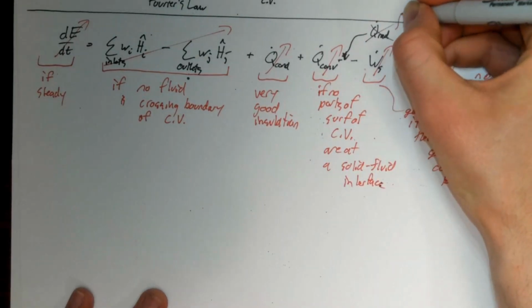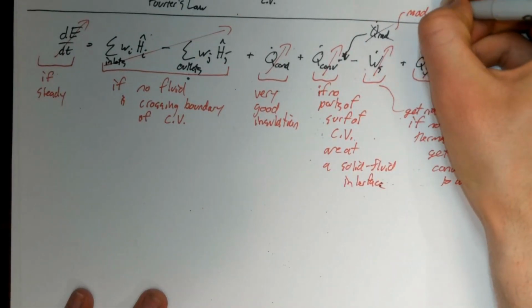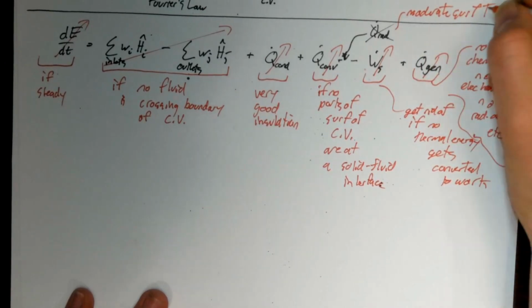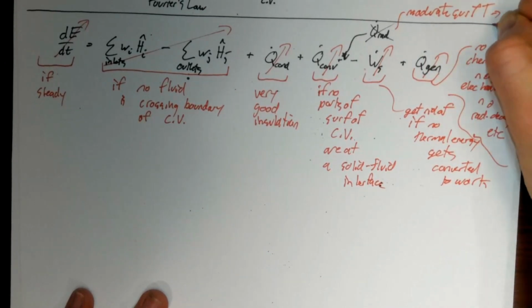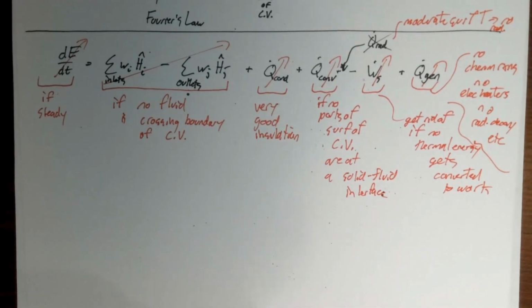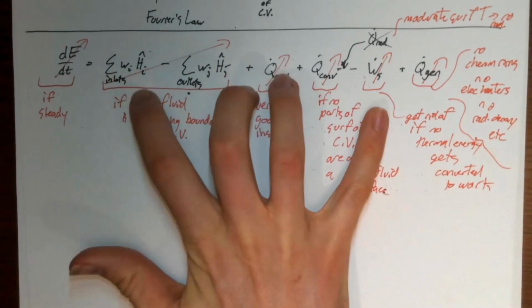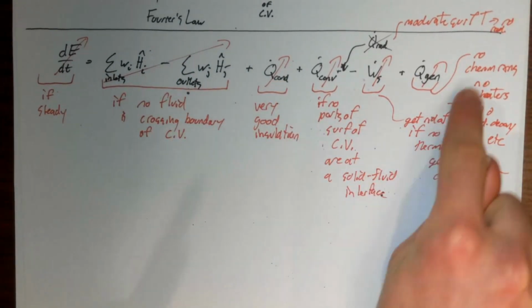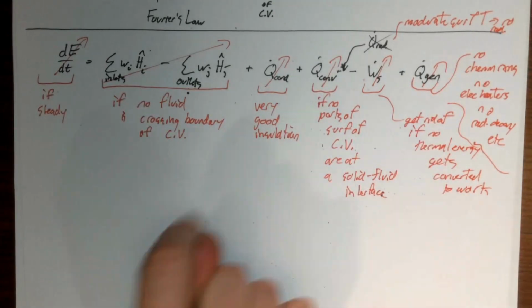So moderate surface temperatures basically means no radiation, i.e. we don't have things that are glowing hot like that sword that the blacksmith pulled out of the forge and is bright orange. So these are all the terms that can exist in conservation of energy, and these are all of the types of assumptions that might allow us to get rid of them.